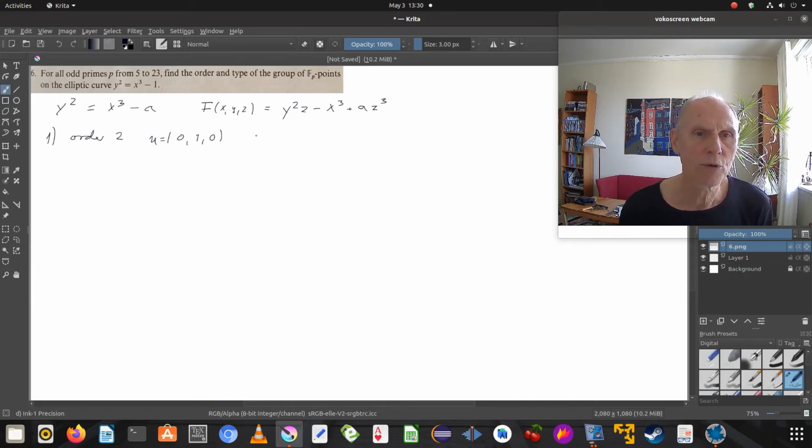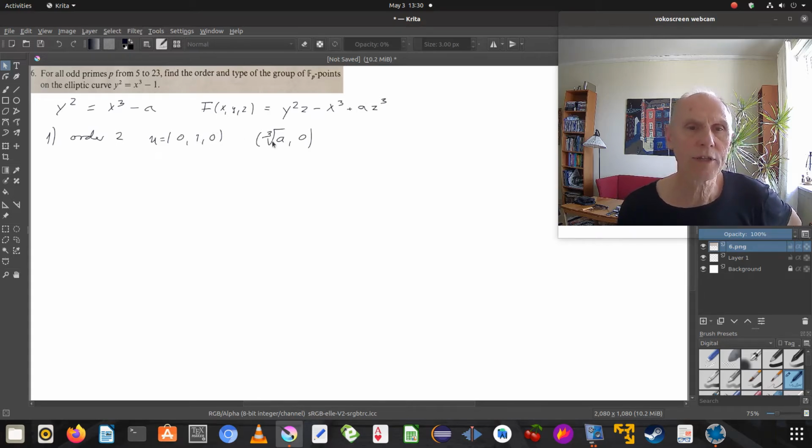So it's the points, and there may be, if the prime, or we can just say any finite field q, if q is equal to 2 modulo 3, then the cube root has one and only one solution, so there's only 2 points of order 2.